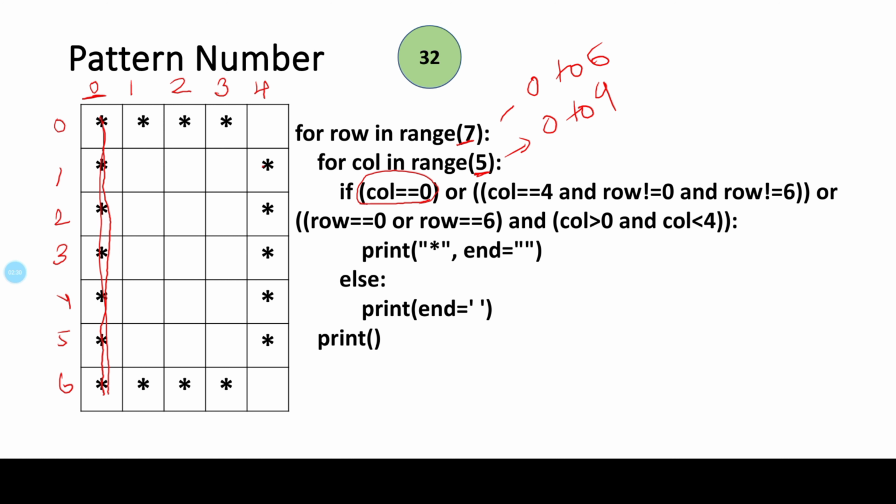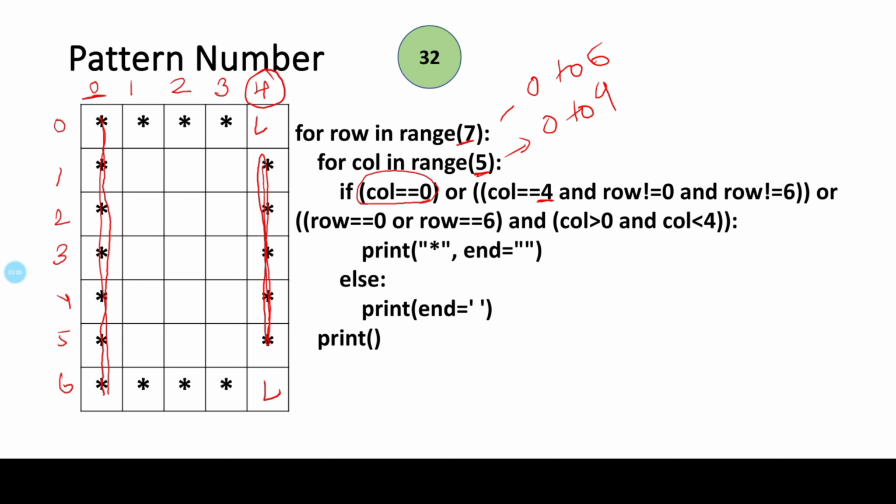Now we shall be talking about these stars. The condition is when column is equal to 4, right? But here you can see that I do not want any star over here and over here. So we have omitted two squares and we don't want any star in these two squares.